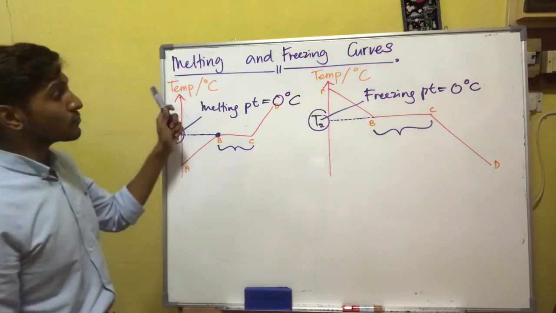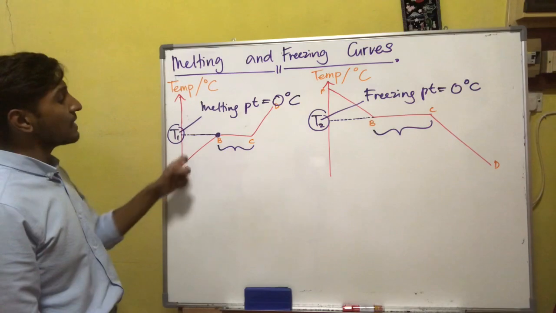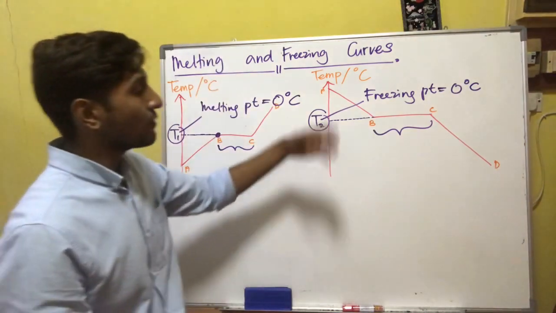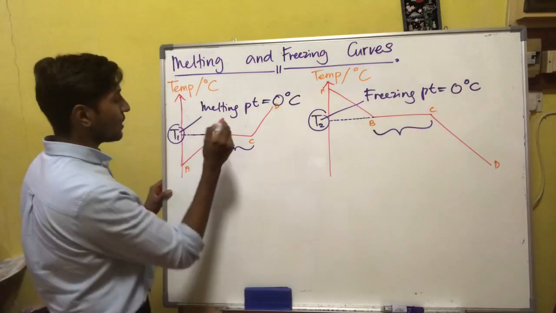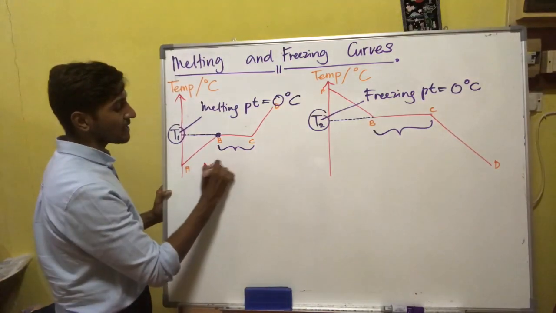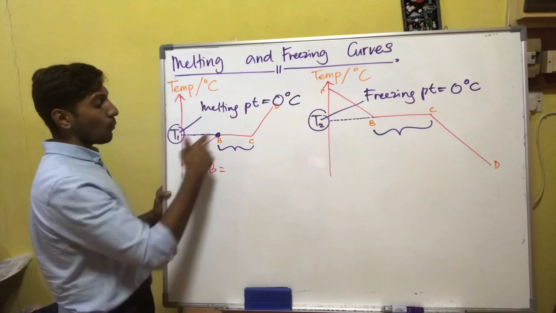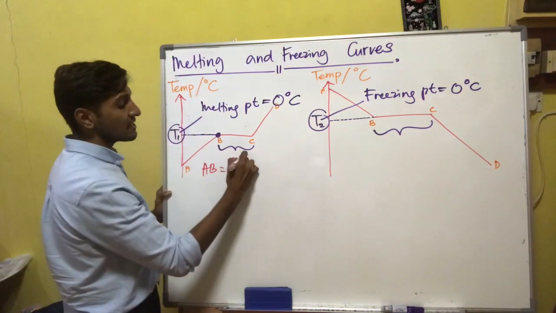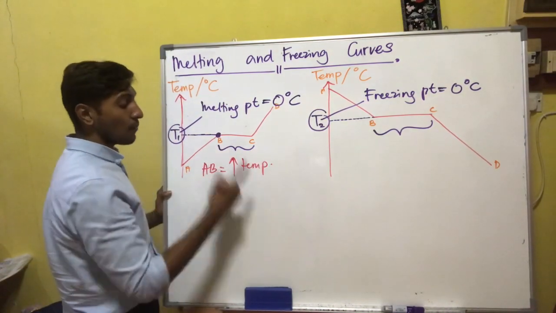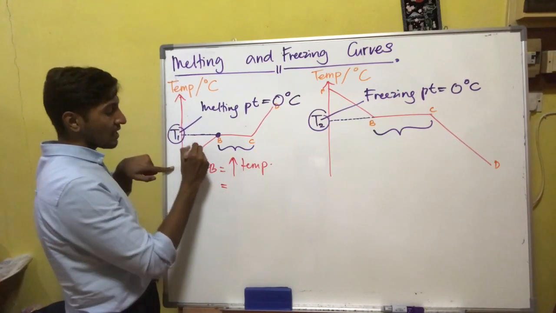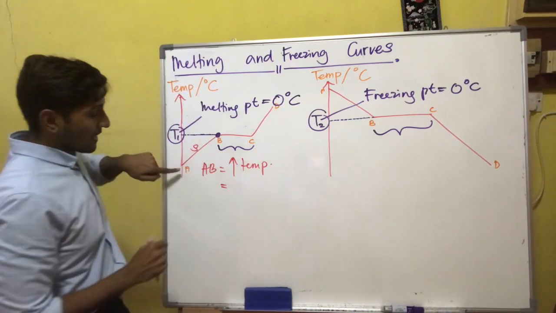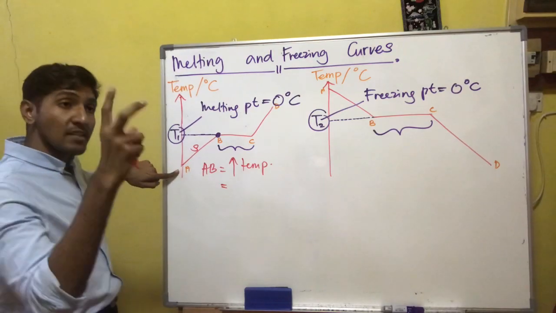Okay, so now we're going to talk about what is A, B, C, D here as well. It's quite simple. As you can see, from A to B in the melting curve, what is increased? There is an increase in temperature. When there is an increase in temperature, this is what we call the solid state. At A, for example, we're using ice.